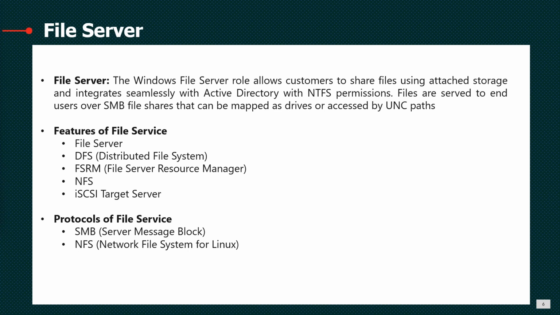So, features of file server. What are the features of file server? One is file server itself. Second one is DFS, distributed file system. Third one is FSRM, file server resource manager. And next one is NFS, network file system, and iSCSI target server.